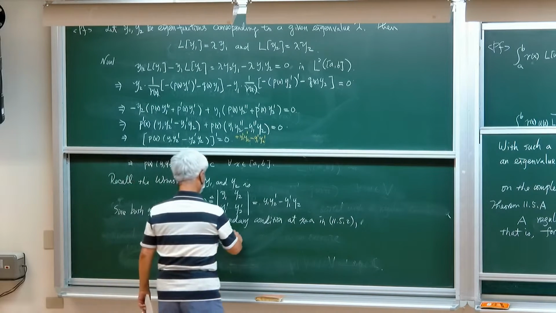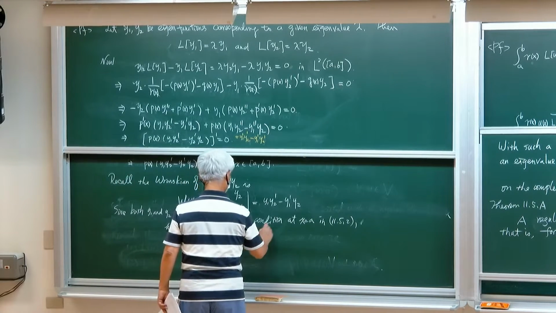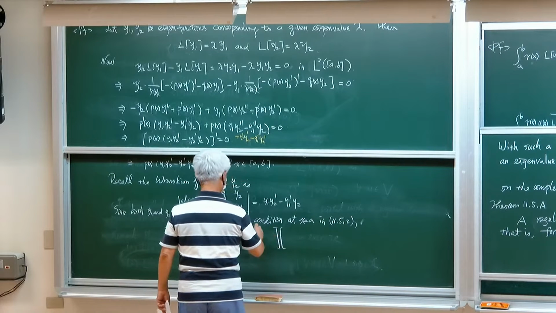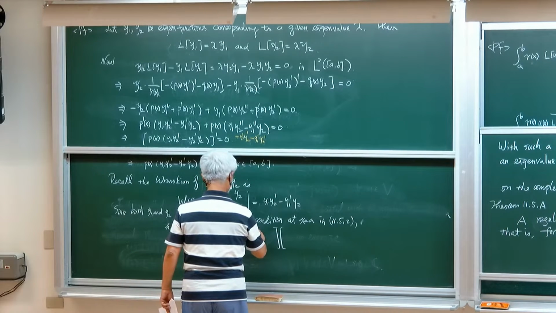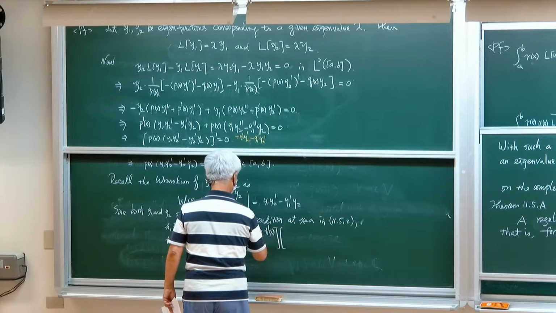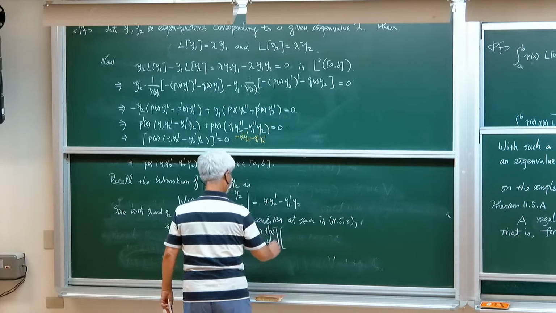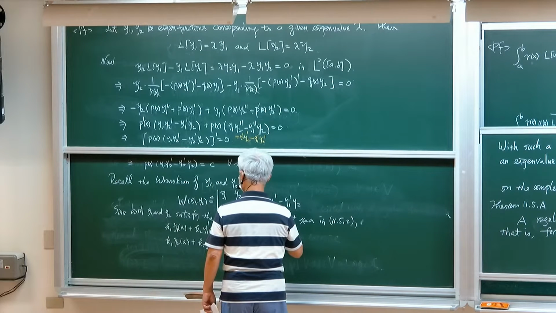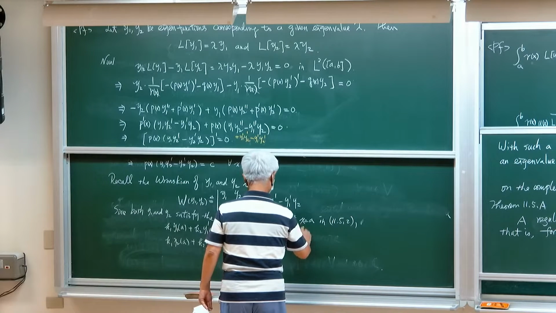And so this is the matrix y1(a), y1 prime(a), y2(a), y2 prime(a), times k1, k2, equal to 0.